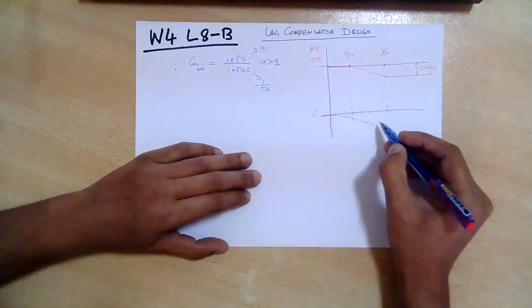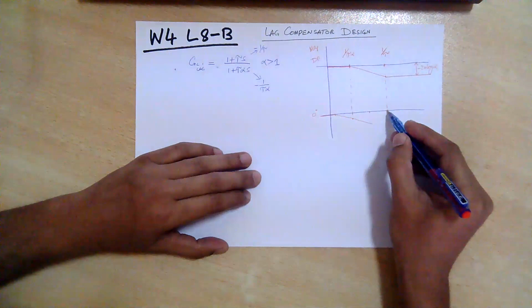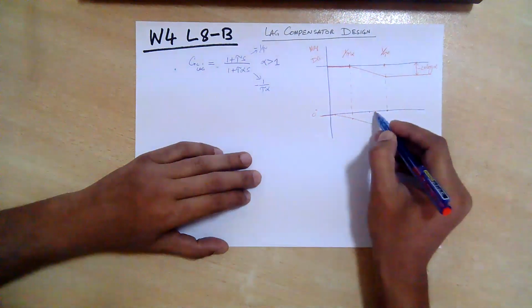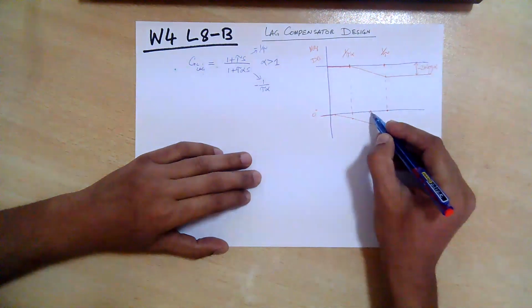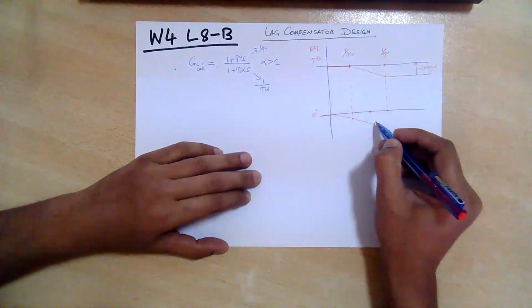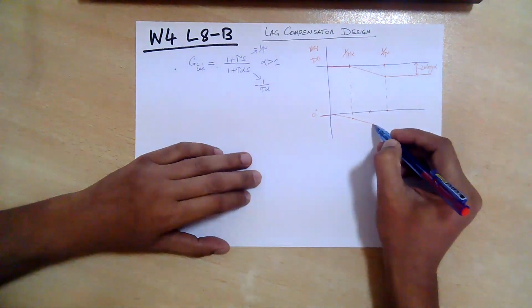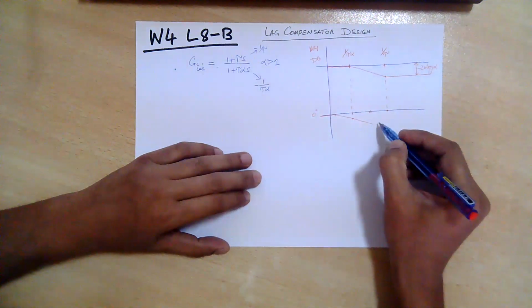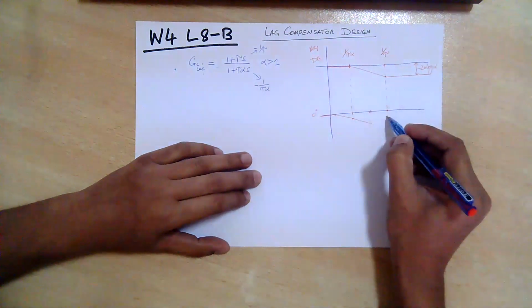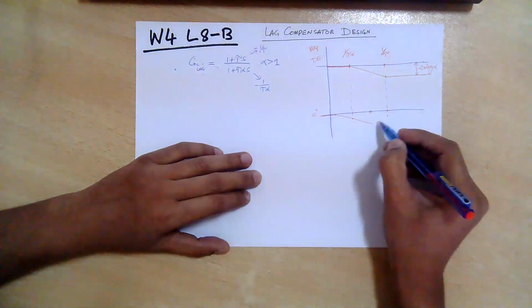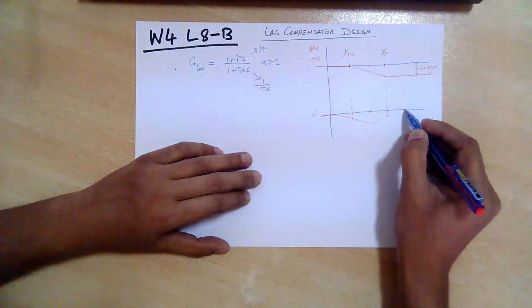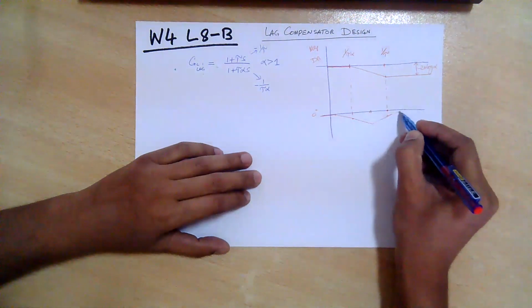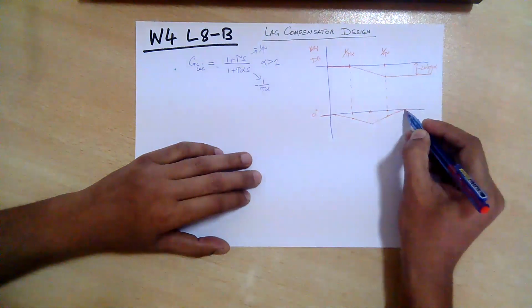and then once we reach 1 decade before the location of the zero, it will start rising with a slope of plus 45 degrees per decade. At the corner it will be like this, and after 1 decade after the zero it will be fully established phase, which is 0.